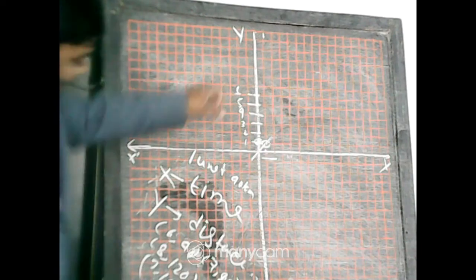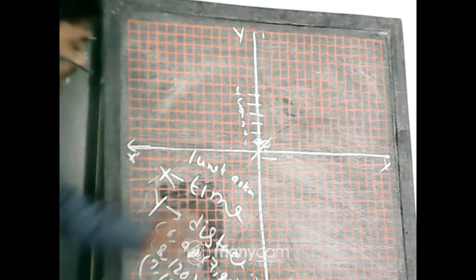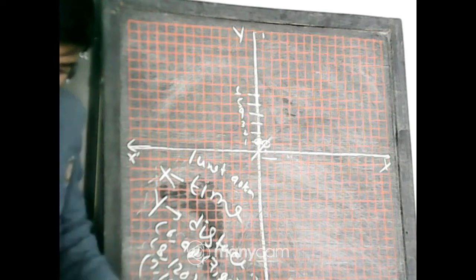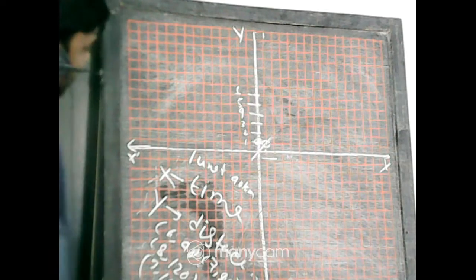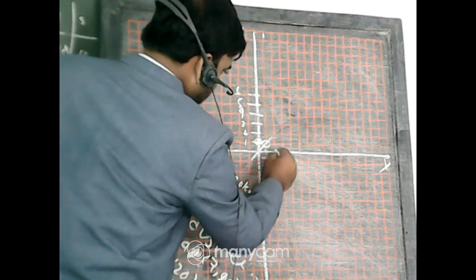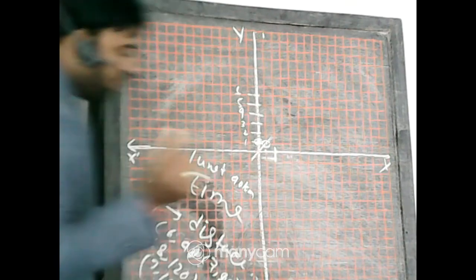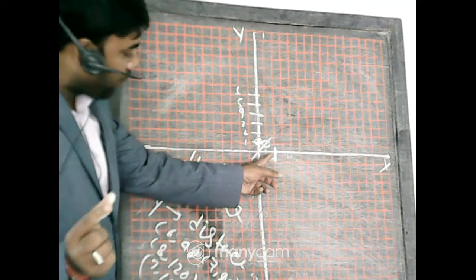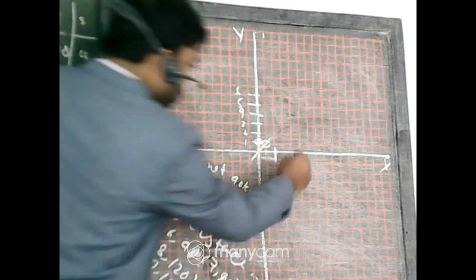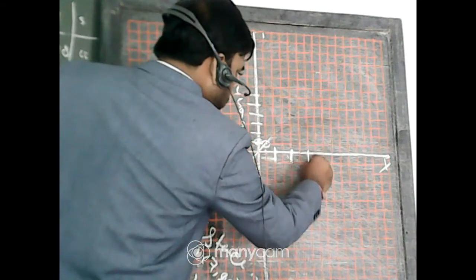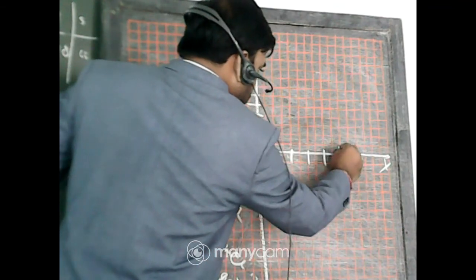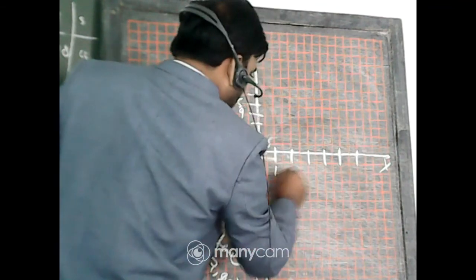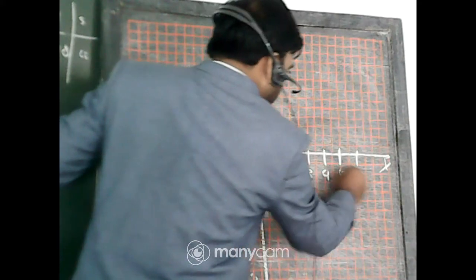Along y-axis means it will denote the distance, and on x-axis, if I take the side of the square 2, that is 1, 2, 3, 4, 5, 6.